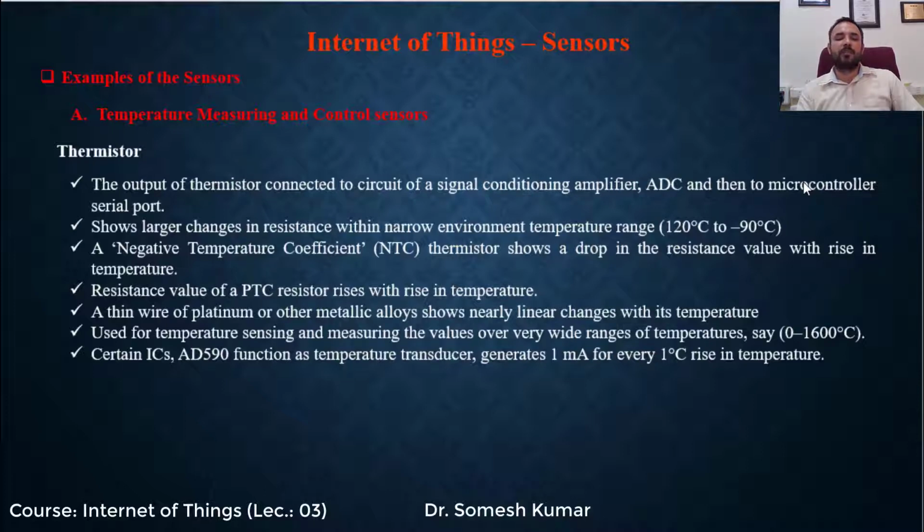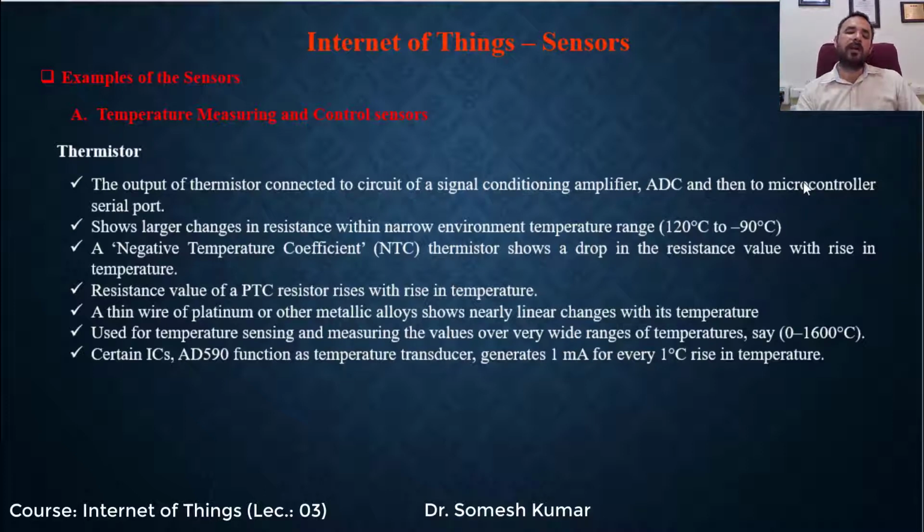In this type of thermistor, the resistance increases with an increase in temperature. Then a thin wire of platinum or other metallic alloys gives a nearly linear change with temperature, and they measure values over a very wide temperature range of 0 to 1600 degrees Celsius.